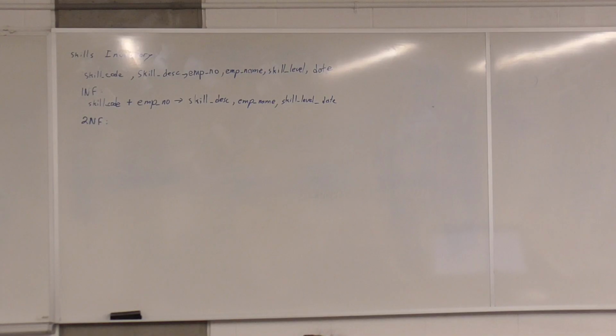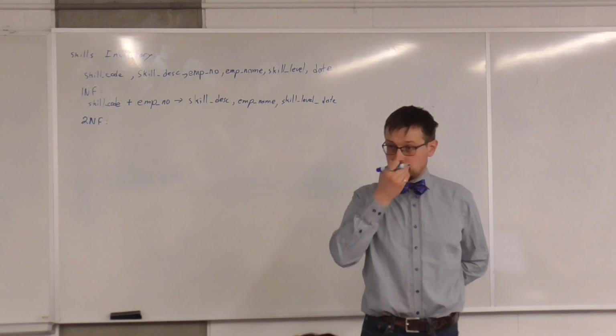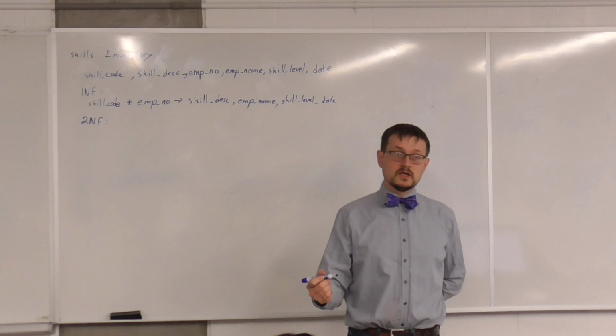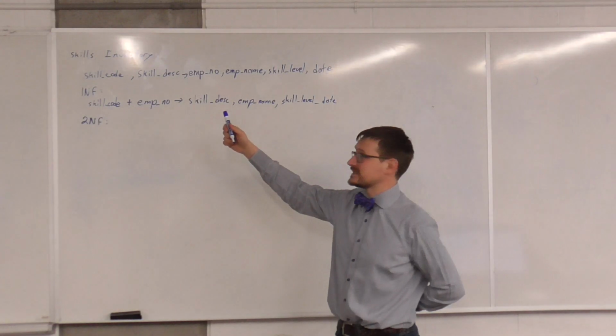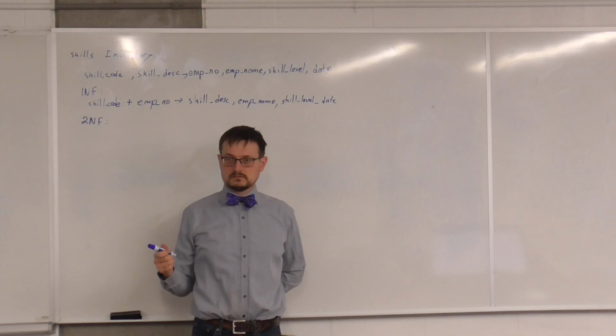Here's another way of formulating it. In second normal form, we are isolating the attributes which are dependent on our primary keys.